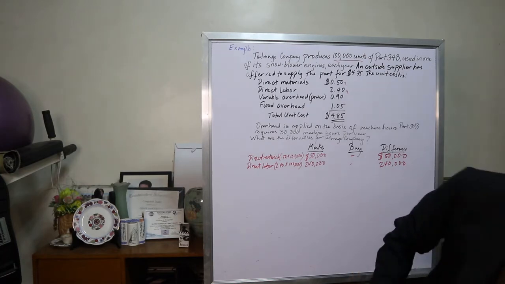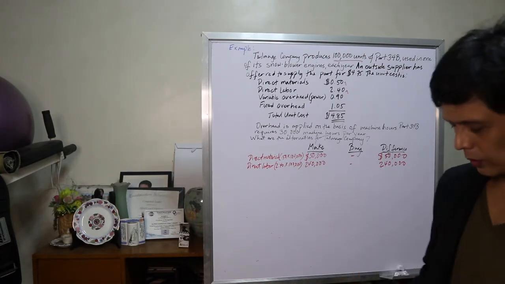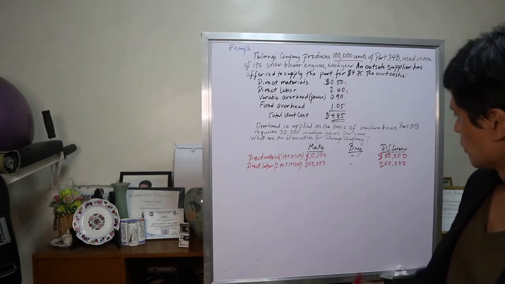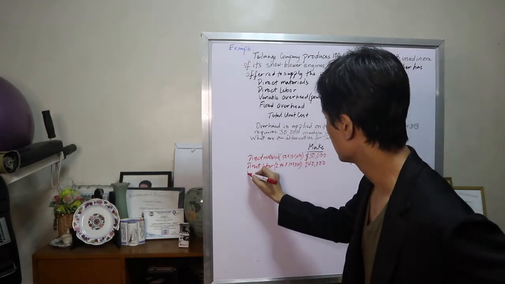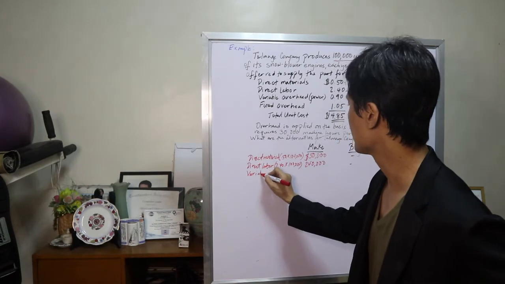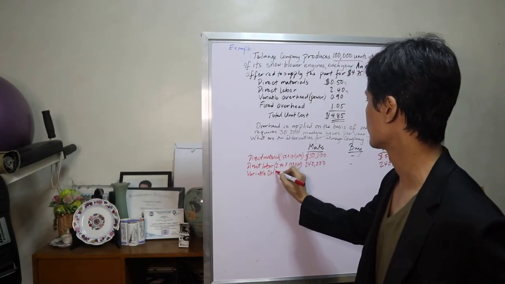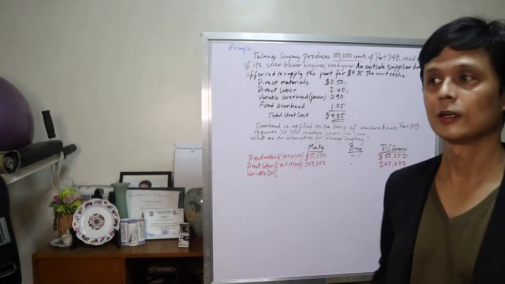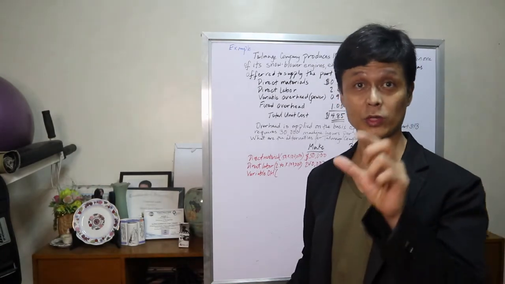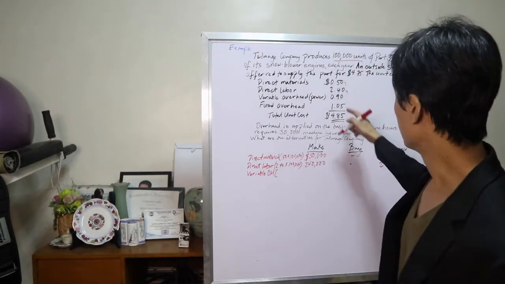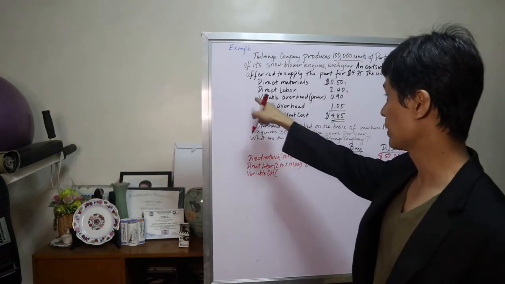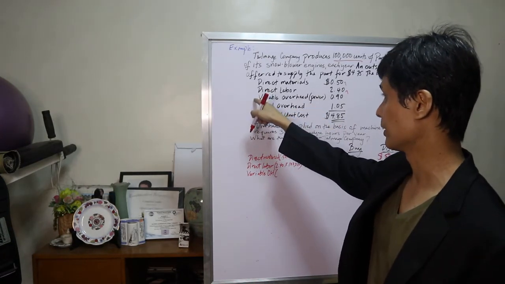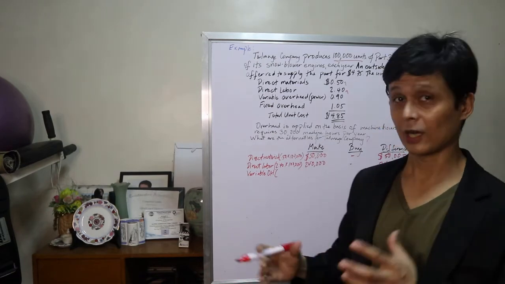Okay? And then this one, yung variable overhead. Of course, in making that component, yung 34B, they would also incur yung overhead. Kasi normally itong variable overhead, kumbaga kailangan yan.